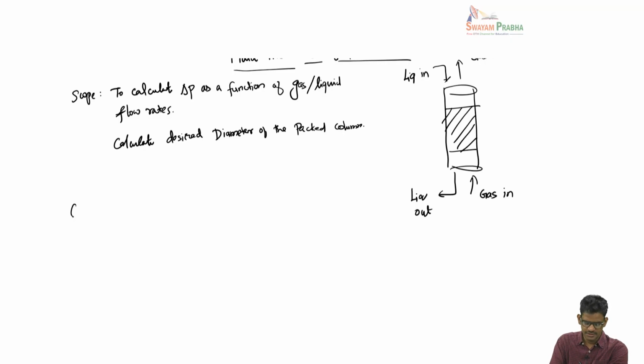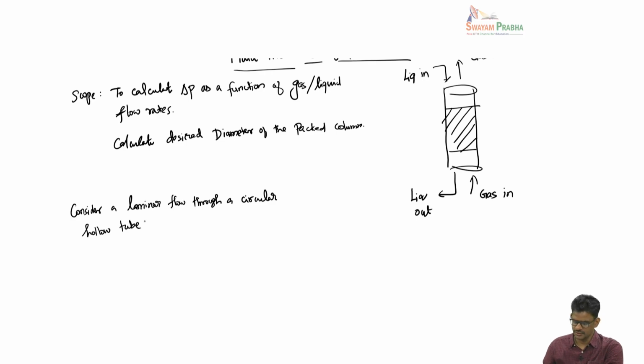So before we look at the pressure drop calculation for a packed bed where there are two fluids flowing in countercurrent fashion, and then using the pressure drop to calculate the diameter of the column, we will first recall some of the known results from fluid mechanics. For example, consider a laminar flow through a circular hollow tube.